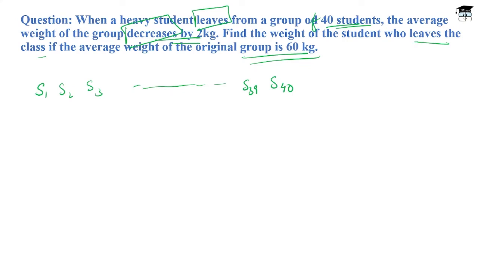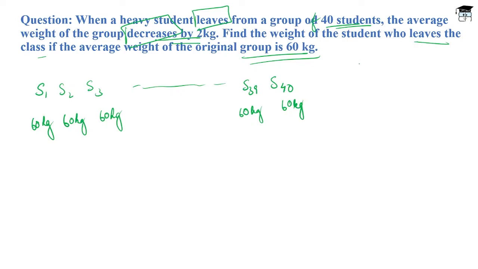So the original weight of the group is 60 kg, 60 kg, 60, 60 and 60. Now they say, when a heavy student leaves from a group of 40 students, the average weight of the group decreases by 2 kg.